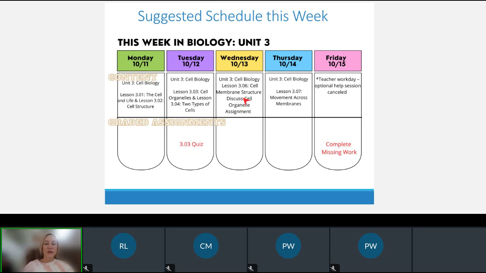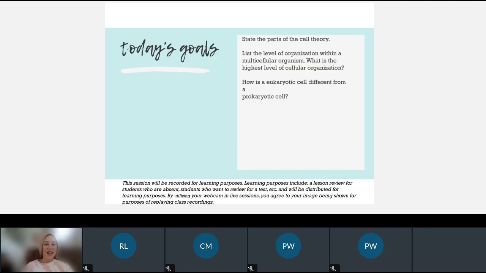It's not going to have a due date till the end of the unit, so don't stress about it, but it's going to be super fun. It's one of my favorite projects of the whole year. So stay tuned to that little teaser as we have the unveiling of that project coming up soon. So one quiz coming up this week, and we're diving into Unit 3 about cells, all right?